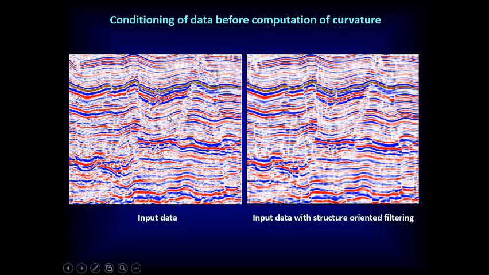On the left is the input data, and on the right is the same data, but from which the background noise has been reduced, and also we see that there is a certain level of sharpening of the discontinuities.